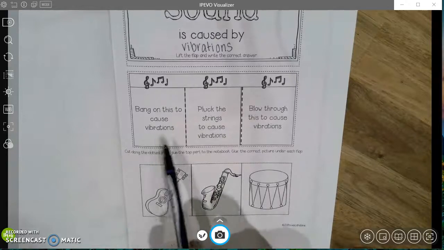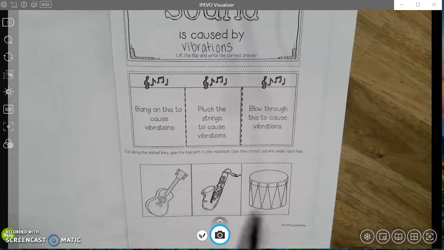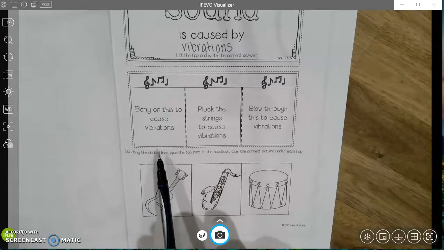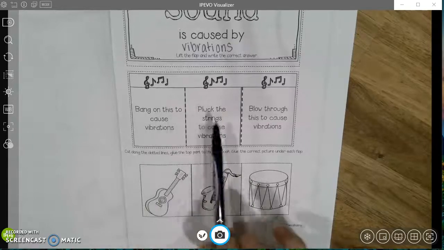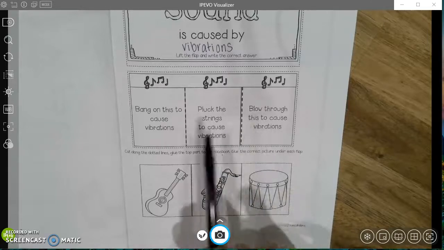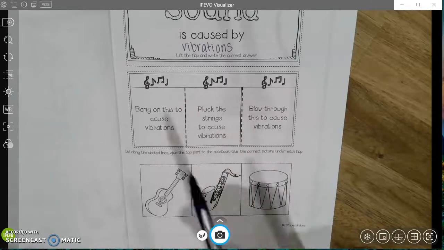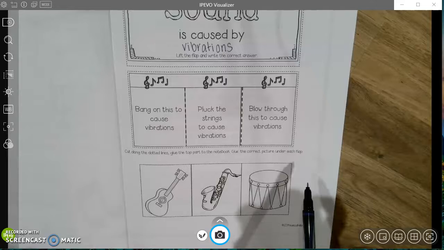Okay, so here, what we would normally do is cut these 3 instruments out and then glue them underneath these words. These words would make a flip book. What we're going to do is we're just going to draw a line to the right instrument.